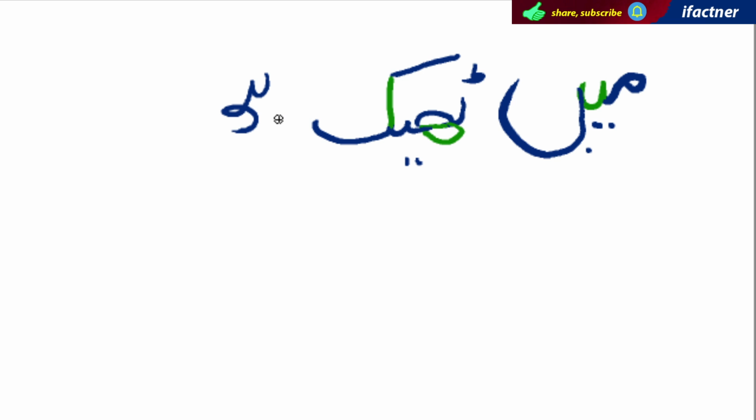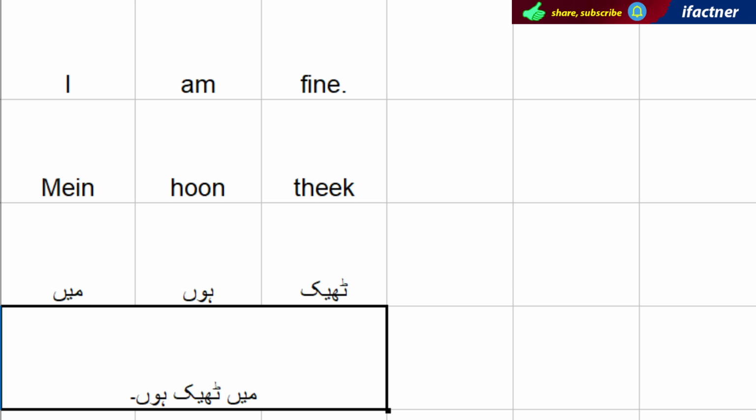Theek, te, he, ye, kaf. Hun, he, wow, nuna. And the good part is that main theek hun is similar for male and female. So our answer will be main theek hun in either case.